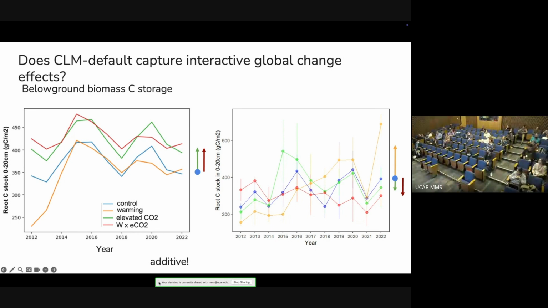So I'm just kind of curious. At least I've conceptualized the PPE as putting us in different spaces in terms of the response that the global model might have to elevated CO2, for example.